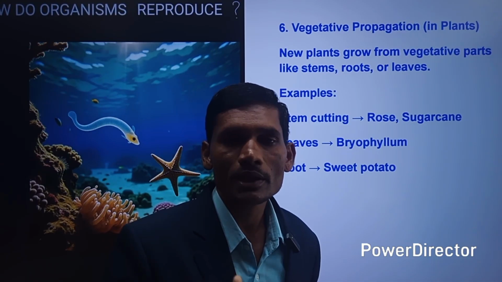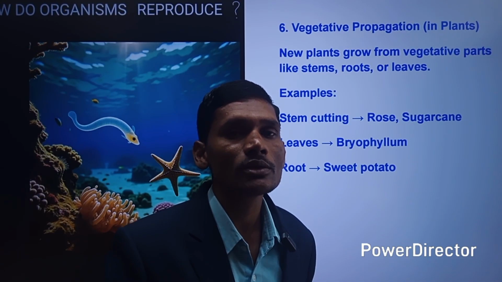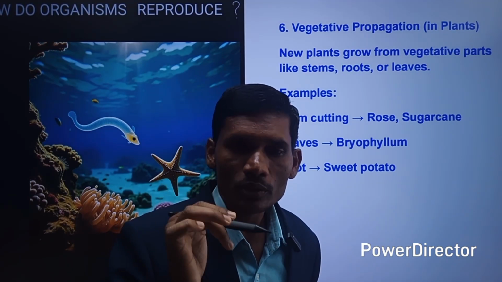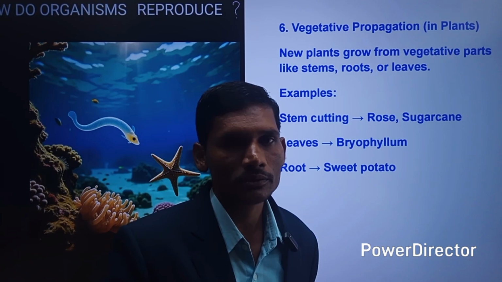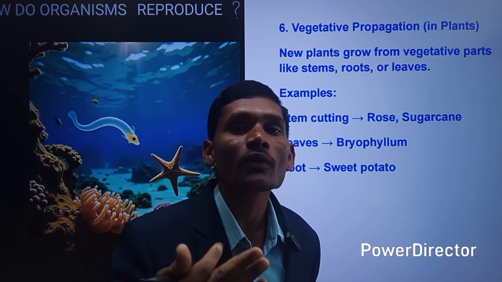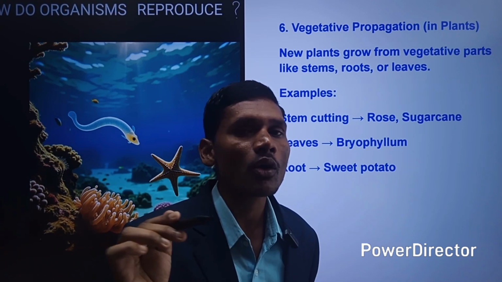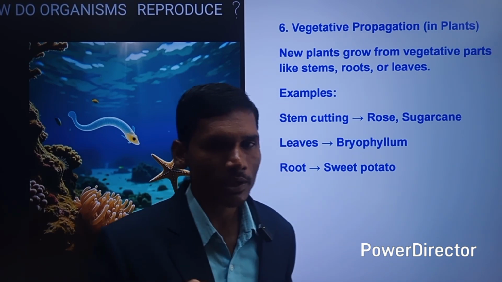In the same way, the root also. Just by cutting the root, it grows into a new plant. So these parts, root, stem, leaf, are called vegetative parts of a plant. If the plant is reproducing through any one of these vegetative parts, then we call it vegetative propagation. Remember.